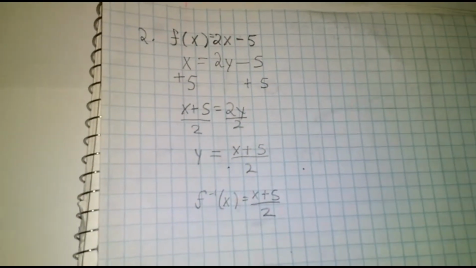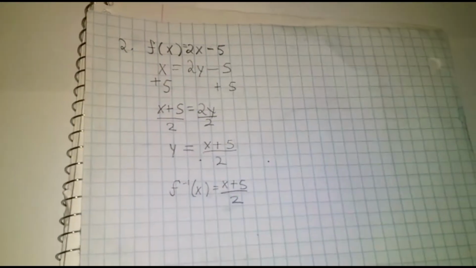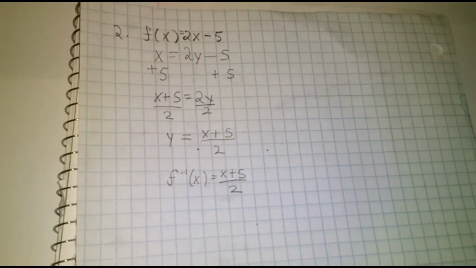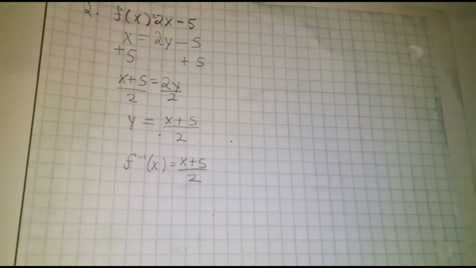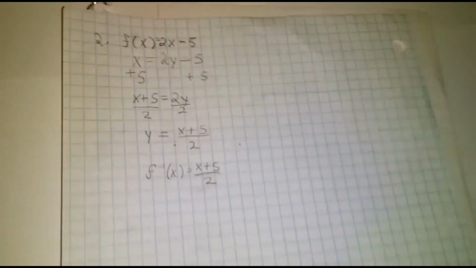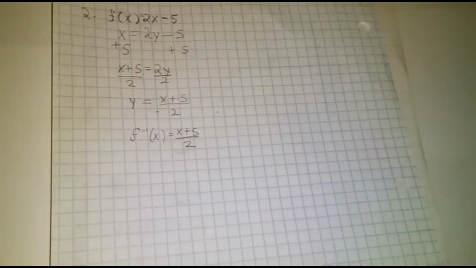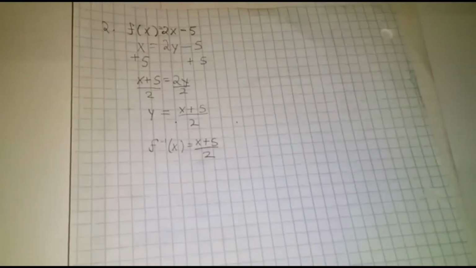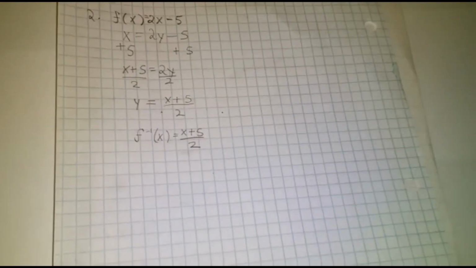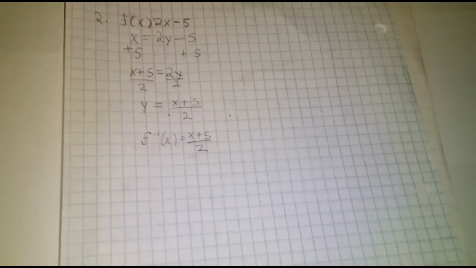Now, in order to graph the f of x and f inverse of x, you would have to find 2 points on the graph. Since they are both linear functions, as we did in the sample problem, we will find the points that cross the x and y axis for both functions.